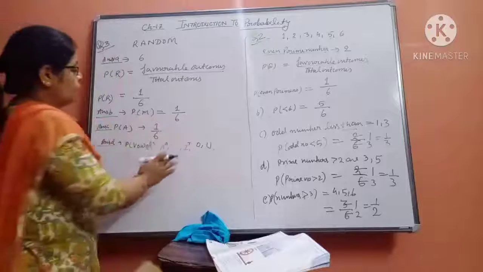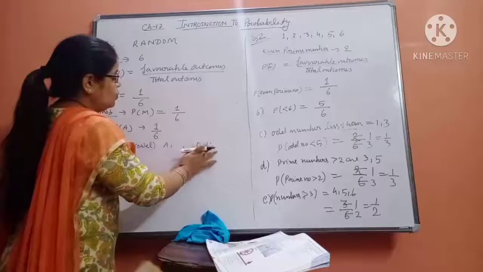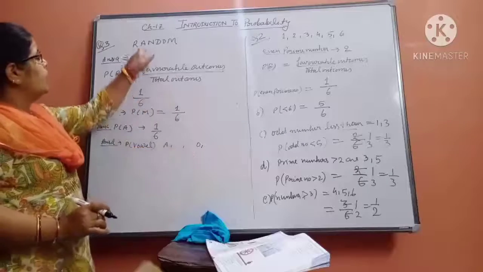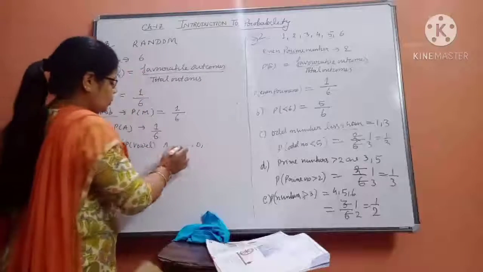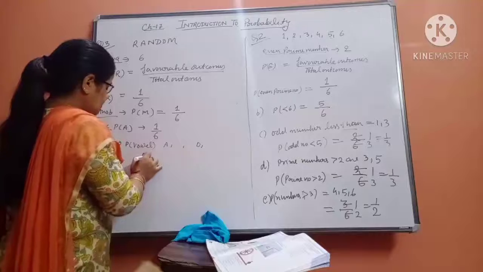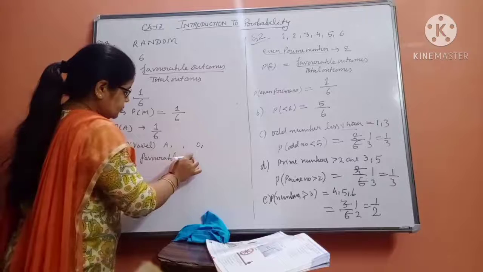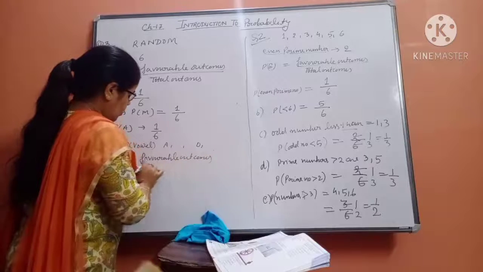I is also not there, so rule it out. U is also not there, so rule it out. So A and O, how many are there? 2. So favorable outcomes upon total outcomes.